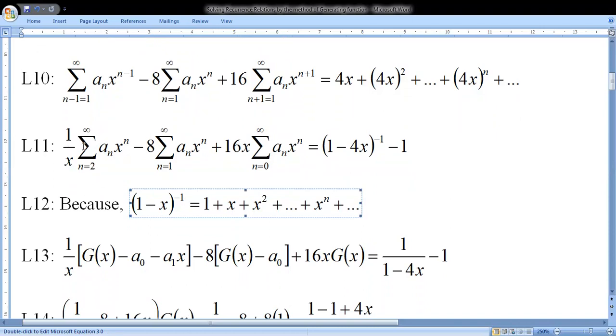From line 11, the first term is 1/x times sigma n equals 2 to infinity a_n x^n. It is running from 2 to infinity. In order to get g(x), you need to add a0 and a1x.